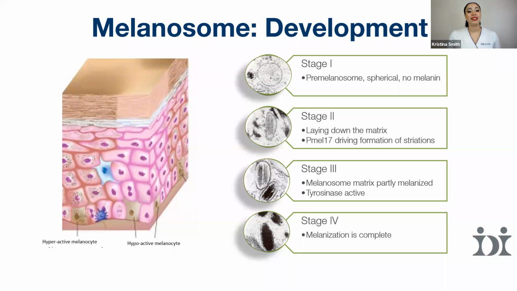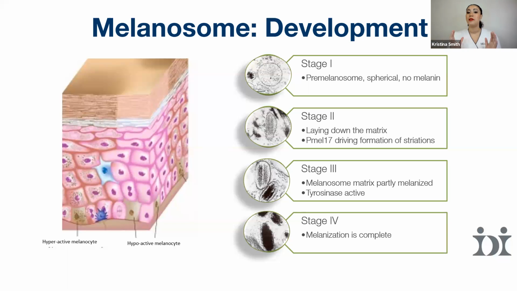If, however, that tyrosinase is very active, which is what's happening in this walkthrough, we start to partially create that melanin. Tyrosinase is activated. Remember, we added sugar through glycosylation. Now it's really active. It interacts with the tyrosine, and that's where we're at so far with stage 3. So we're slowly building this up.